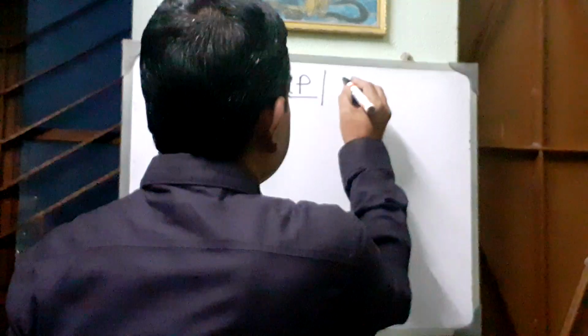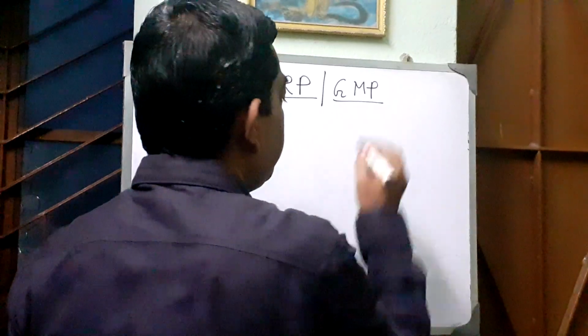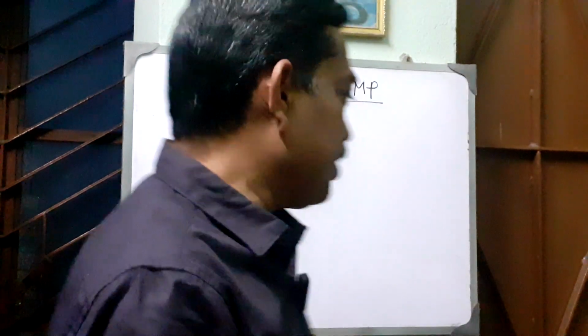So this is called prerequisite program. It is also collectively known as GMP, good manufacturing practices. So, what are the points coming under this PRP or GMP? I am going to discuss that.